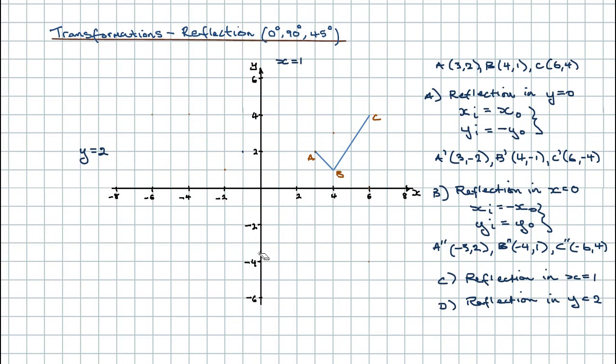let's draw our 45-degree line of reflection then. And the simplest 45-degree line of reflection is going to go through the origin. Okay, so it's actually going to go from -6, -6 to 6, 6. So now what would we call that line?